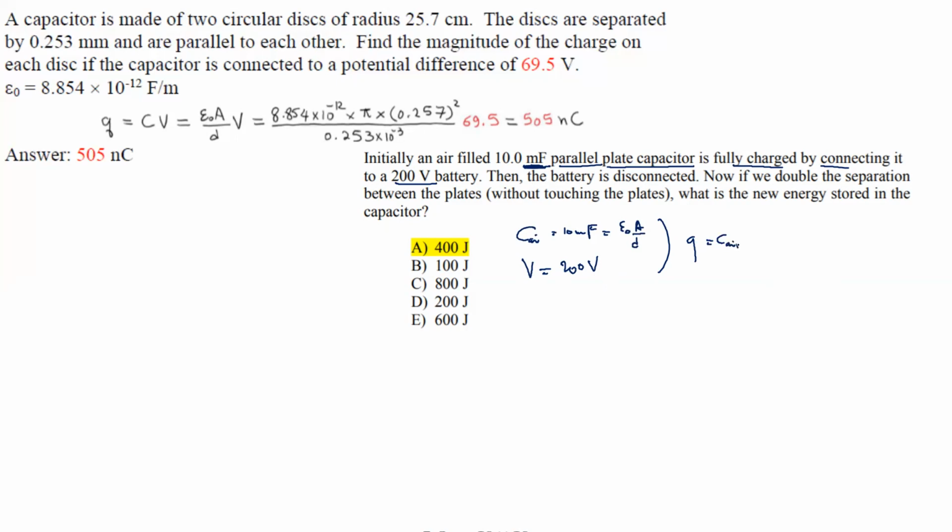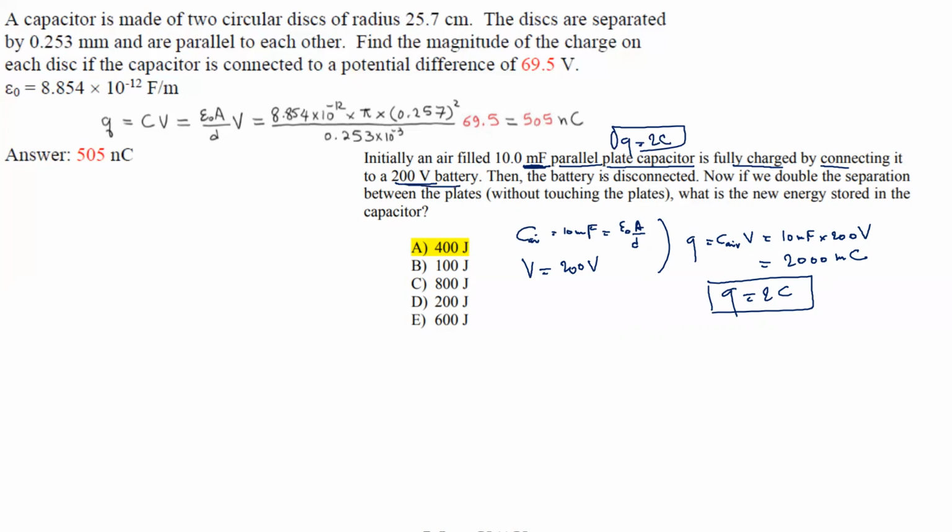It's C_A times V, so 10 millifarad times 200 volts. This gives you 2000 millicoulomb, which is just 2 coulomb. So this is the charge. When I have my initially air-filled parallel plate capacitor and I fully charge it, the charge is 2 coulomb, CV, because I charge it with a 200-volt battery.